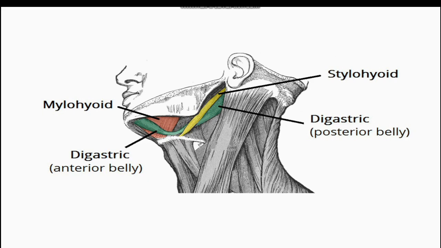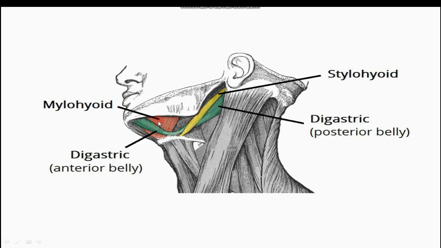So moving from extraoral to intraoral, first removing the skin, the platysma and fascia, we see the layers are arranged like this. The first layer we see is the digastric and stylohyoid.